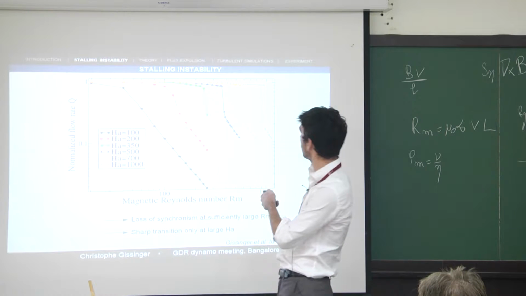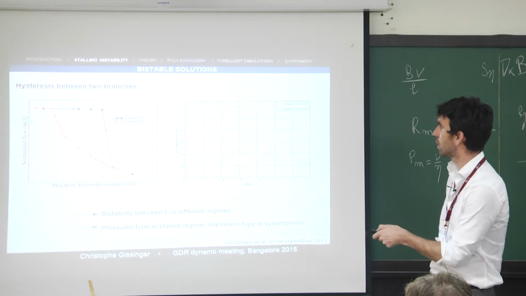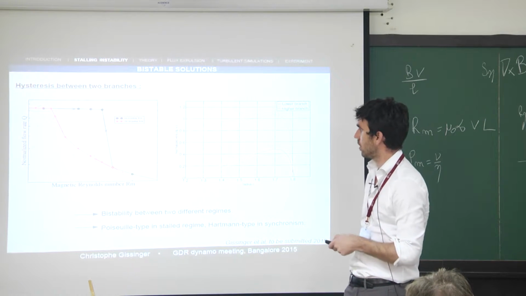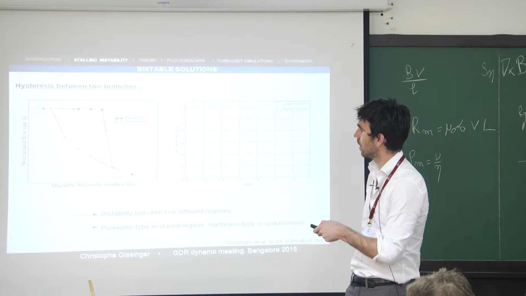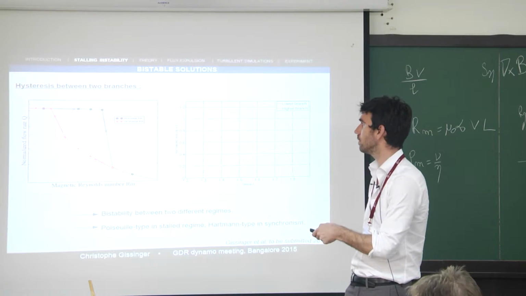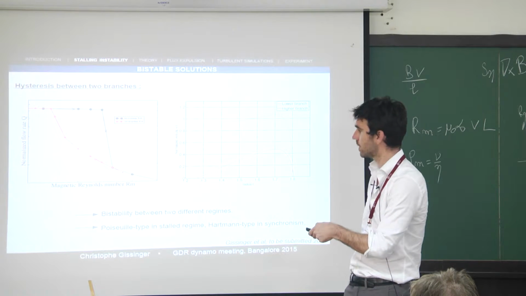If you zoom on this part to have a better idea of what's going on, you get this curve. In fact, this bifurcation is associated with bistability. We start from here, we increase Rm, we get the black points, which are synchronous solutions, until we fall down at this critical value of Rm to very low flow rate.